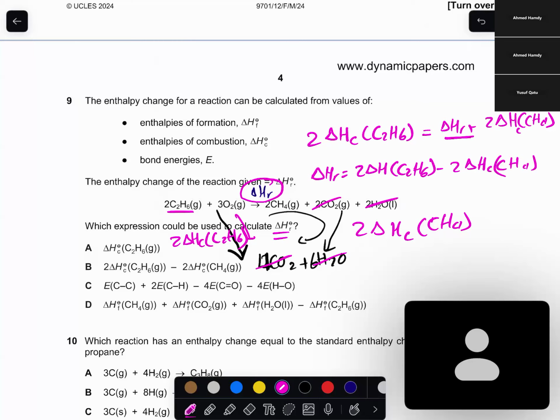So this one is wrong, and this one is right. The answer is B, because delta H of the reaction equals 2 times the delta H of ethane minus 2 delta H of methane. Okay.